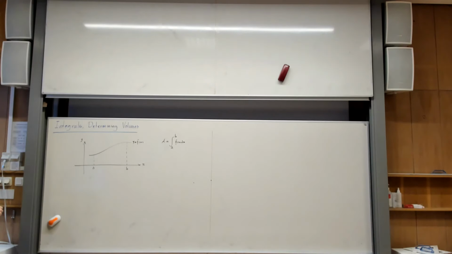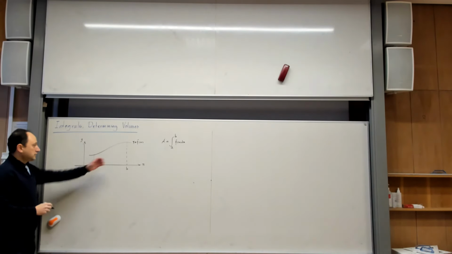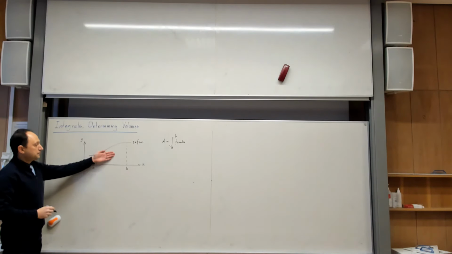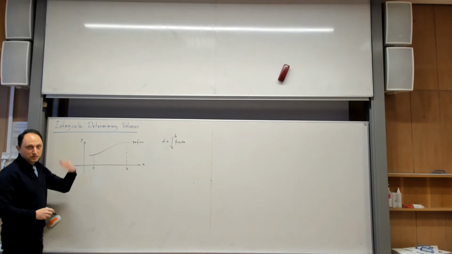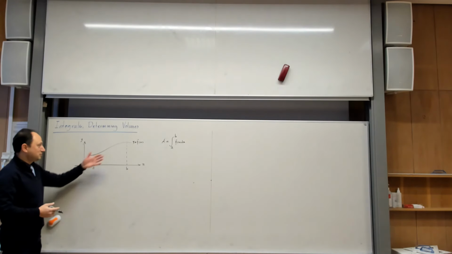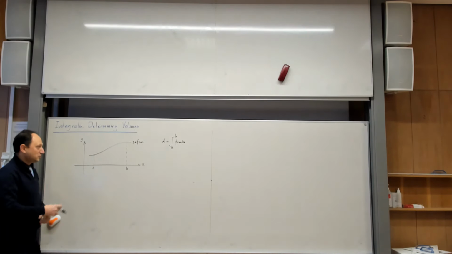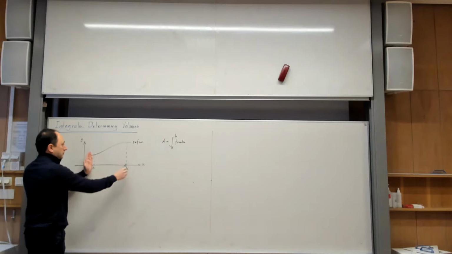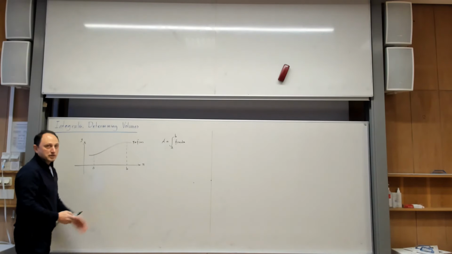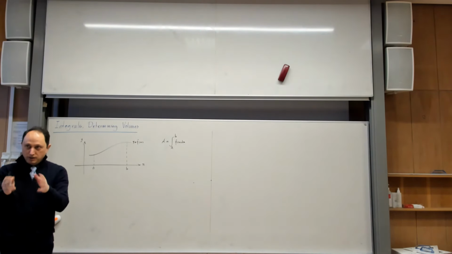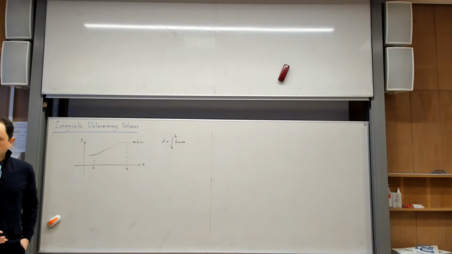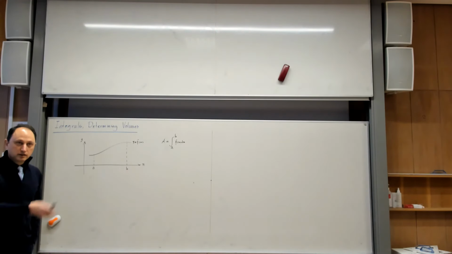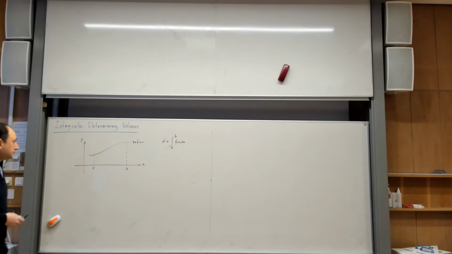Now today we want to learn what happens if I start rotating this area about the x-axis. You need a little bit of good imagination because drawing these things with a whiteboard pen is probably not that easy. But you can imagine if I take this area and rotate it about the x-axis, it will generate a three-dimensional shape, yes? The goal is to calculate the volume of that generated shape.